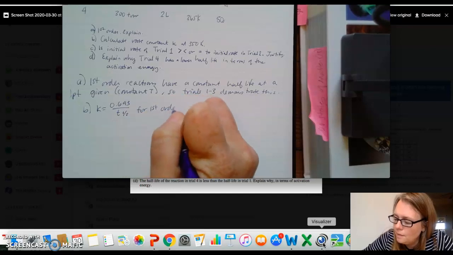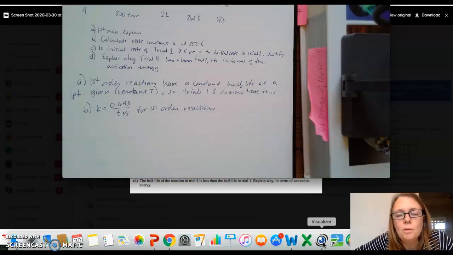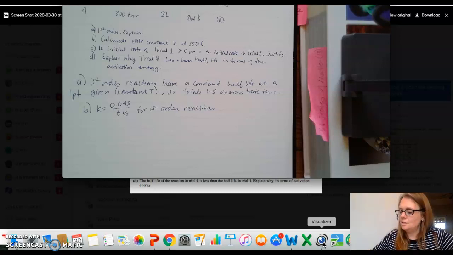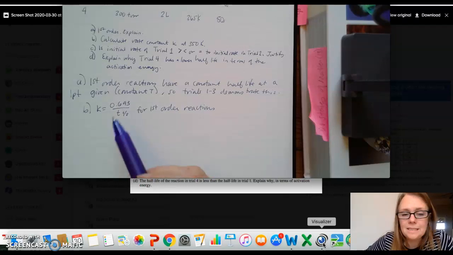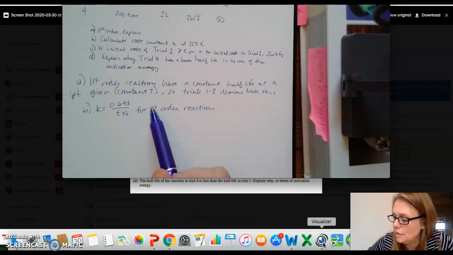And if you don't remember that, then shame on you, but also it's on your helpful information sheet. So anytime you're working your free response questions, anytime you get to a sticking point, look back at that helpful information sheet and see what information is available for you there. This is in the kinetics box on the free response sheet, and it only applies to first order reactions.